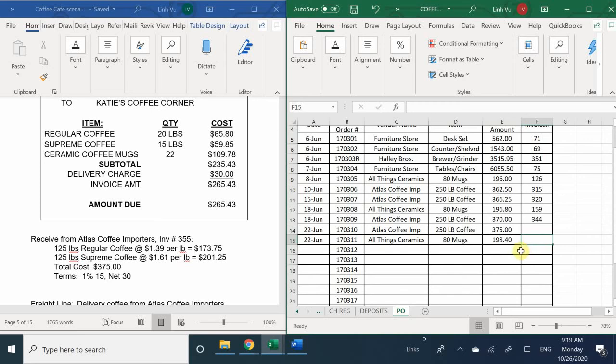As an inventory manager, when we send out purchase orders, did we actually receive the items? Did we make a return on the item? Did we cancel the item? So make sure that you update your purchase orders list. What was the invoice that I received? 355. Okay, now the transaction is complete.